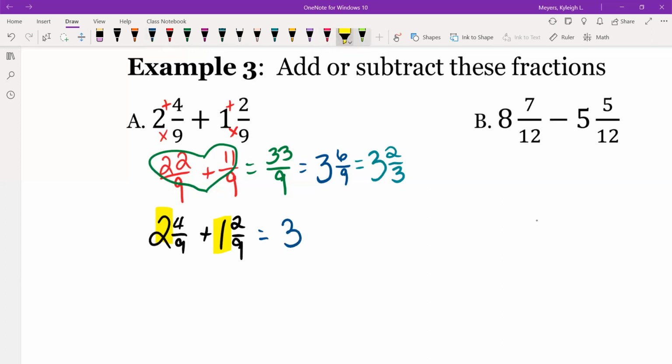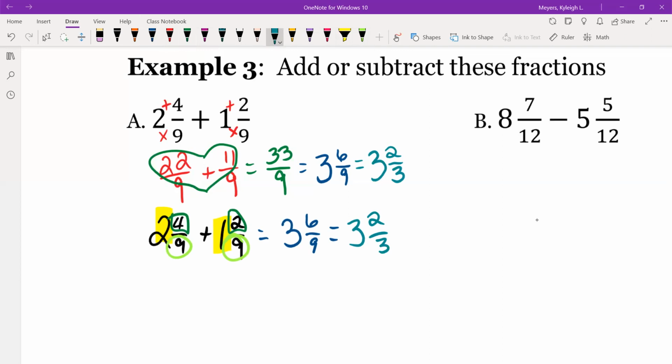And then because these are common denominators of 9, we could just add up the numerators. 4 plus 2 is 6 over 9, and then again simplify. So that only works if they're common denominators. If they're not common denominators, then you have to do it the top way.